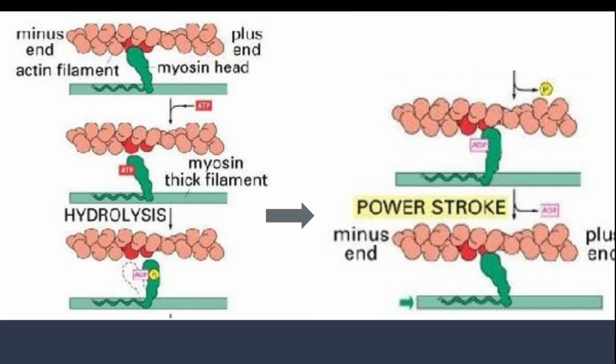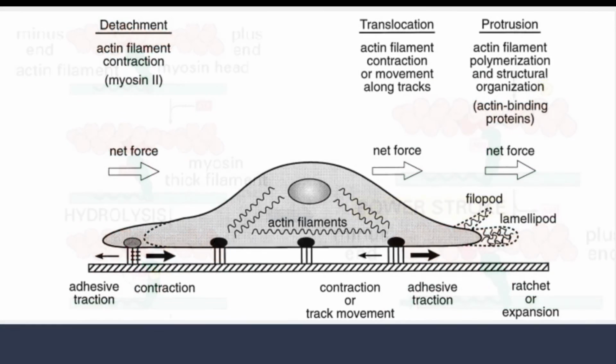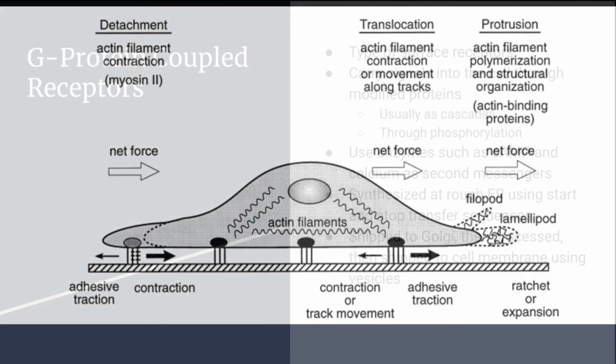The binding of ATP greatly reduces myosin's affinity to actin, which allows the bind-pull-release mechanism of motion. Ultimately, it's the action between actin and myosin that allows for the third step to occur, where the cell pulls itself along to where the rest of the cell is anchored. This process is known as translocation, and it wouldn't be possible without actin and myosin being triggered by the activation of Rho.